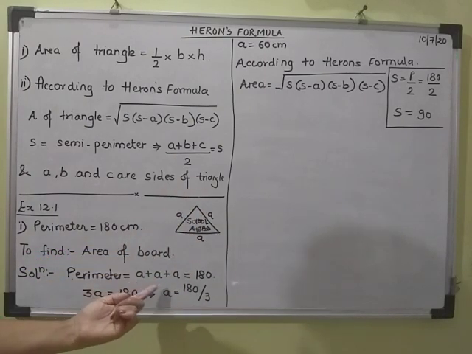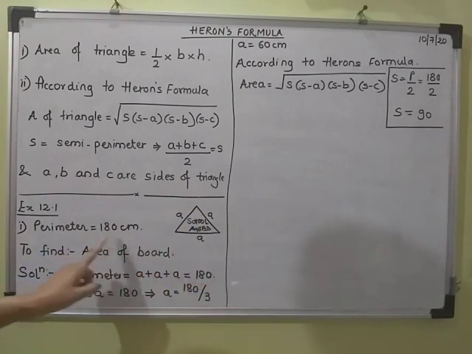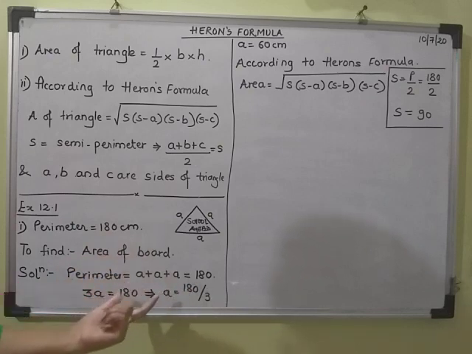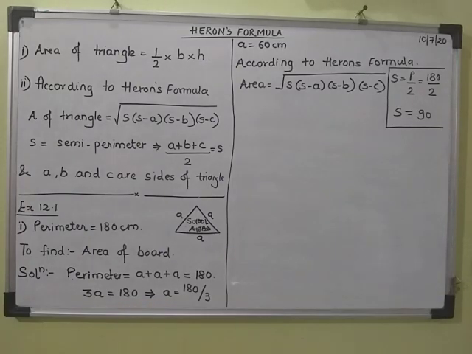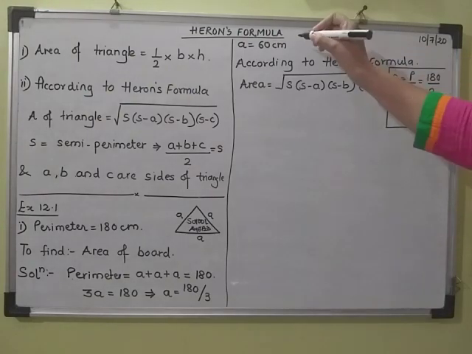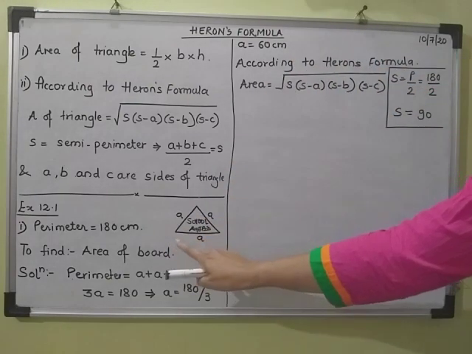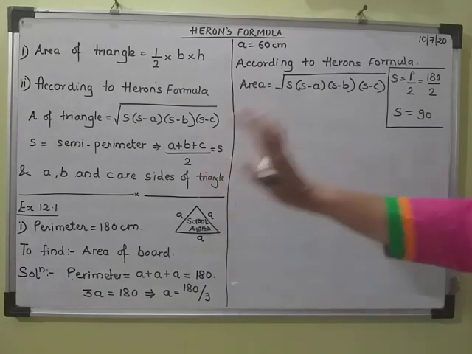So A plus A plus A equals 180, that is 3A is 180. Shifting the 3 to the other side, A is equal to 180 upon 3, that is 60 centimeters. So each side is 60, 60, 60.